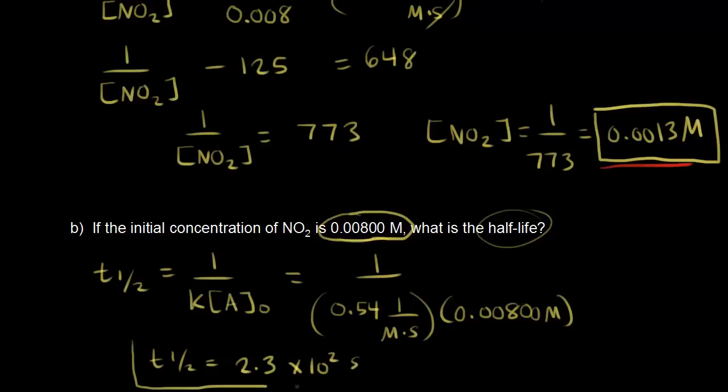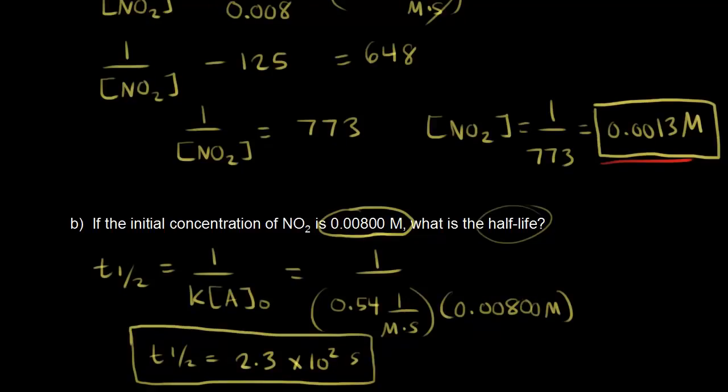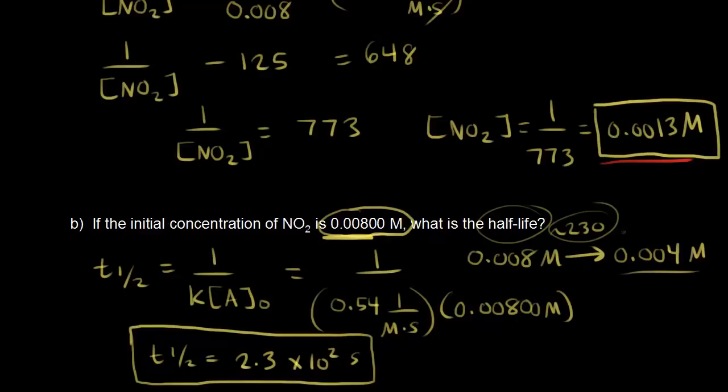Or we could say approximately 230 seconds. So if we're going from a concentration of 0.008 molar, and we wait approximately 230 seconds, the concentration goes down to 0.004. So we have half of our initial concentration after one half-life.